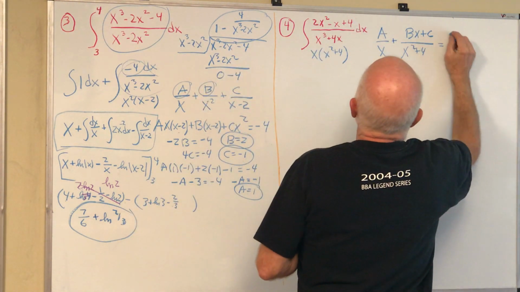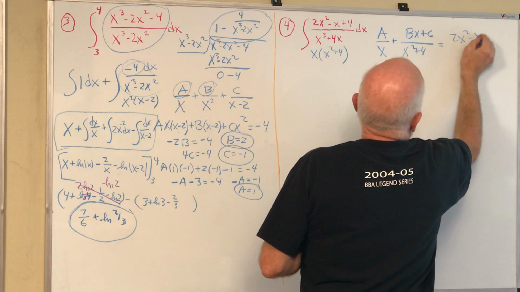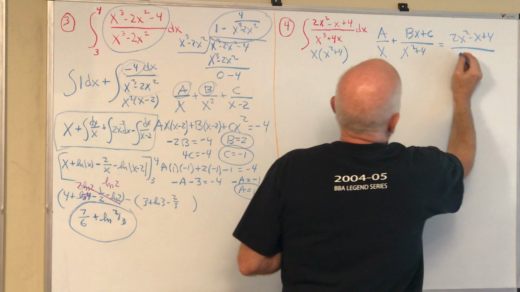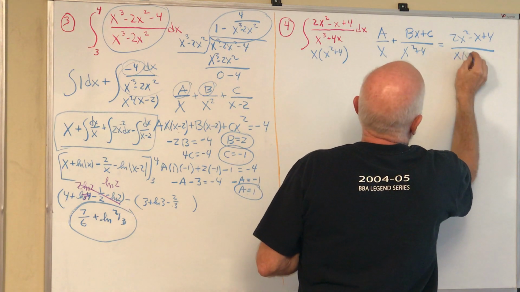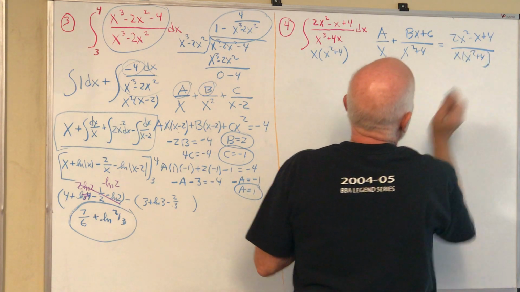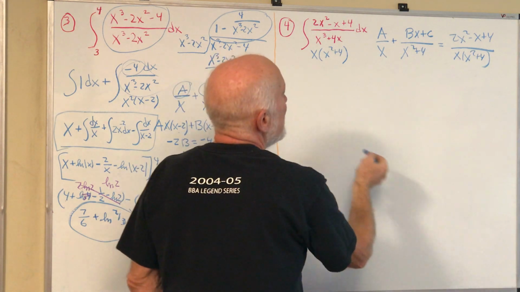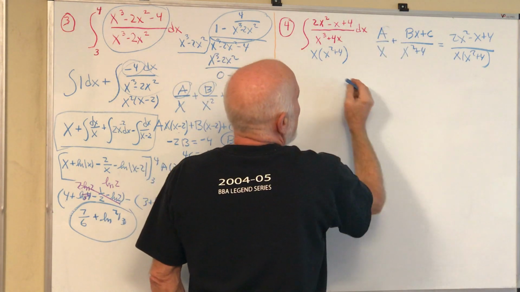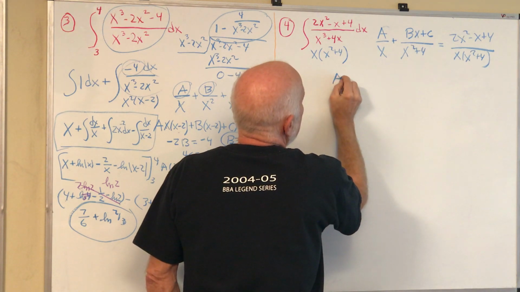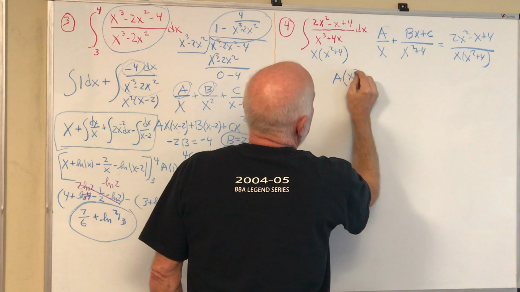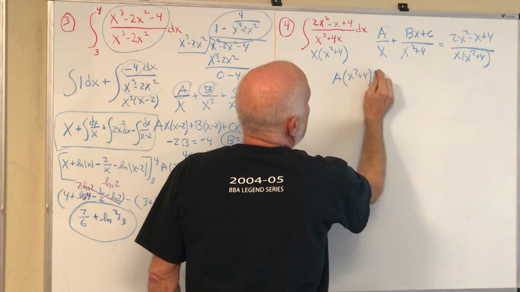So we want this to equal 2x squared minus x plus 4 over the same denominator. So we don't have to really worry about the denominators. We just try to equate the numerators. So this fraction right here is missing x squared plus 4.